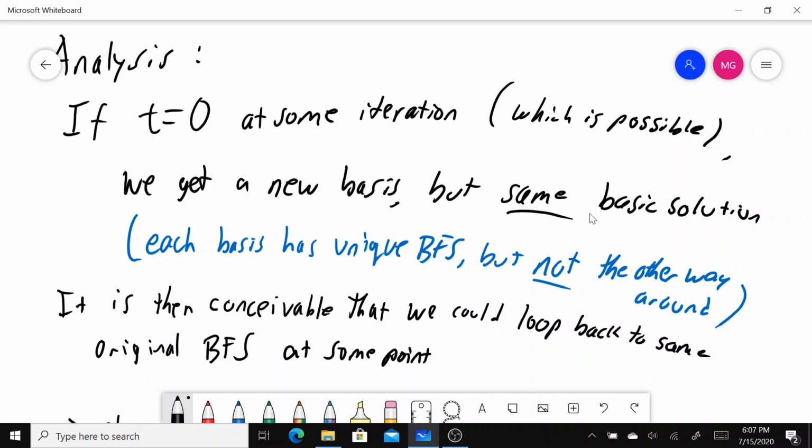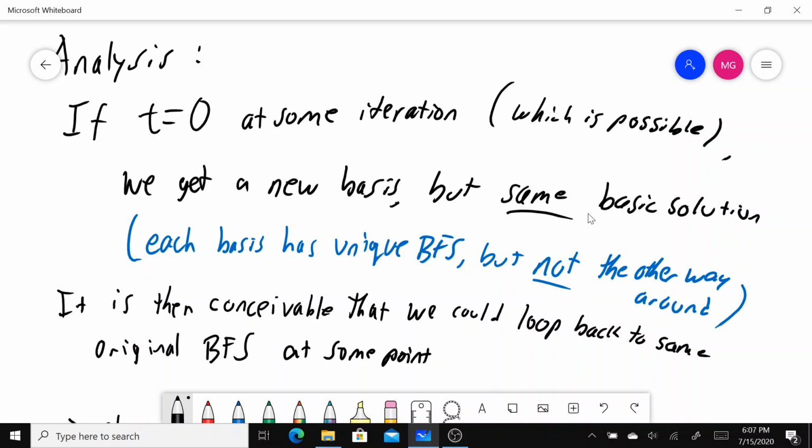And so what that means then is that I started with a basis and I had a basic feasible solution, and then I do the iteration where t is 0, and I get a new basis with the same basic feasible solution. I haven't actually changed the vector that I'm at.